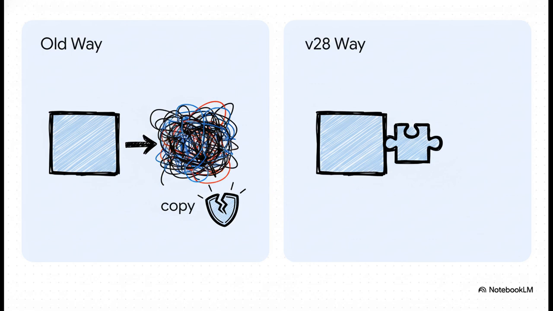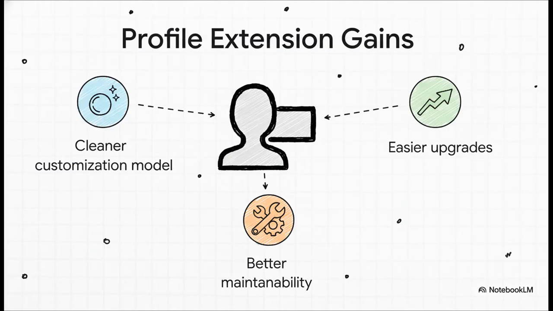Now, you can use something called profile extension objects to just modify the base profile directly without having to duplicate anything. The big takeaway here is that this is just a much cleaner, more structured way to work. It makes changing role centers way more sustainable. Upgrades become so much easier and less risky because you're not trying to manage some fragile copy anymore. You're just applying your changes like a clean layer on top of the original.